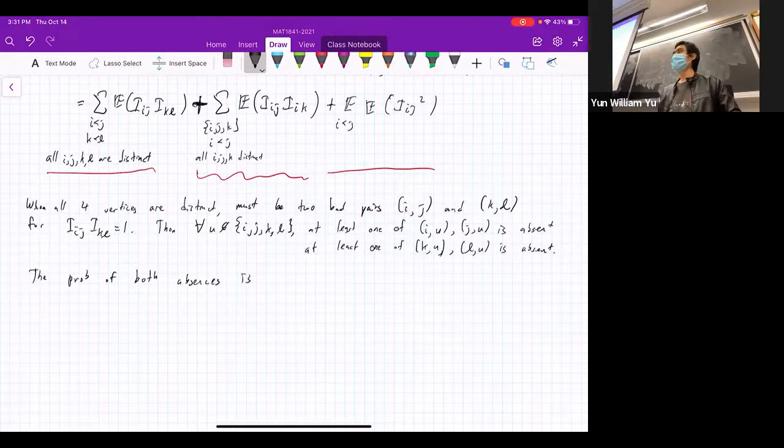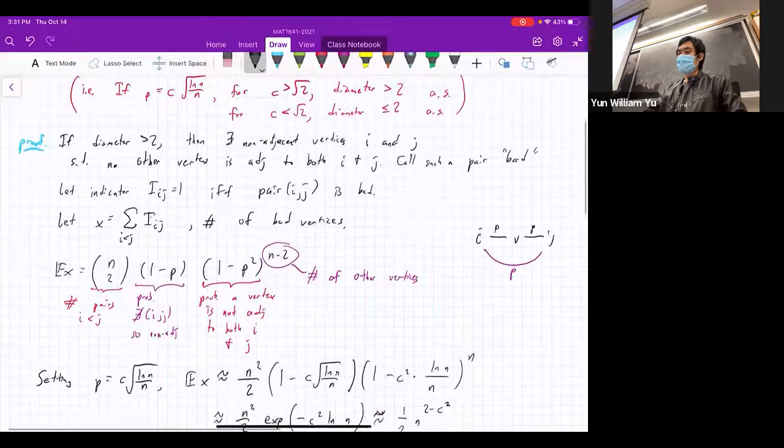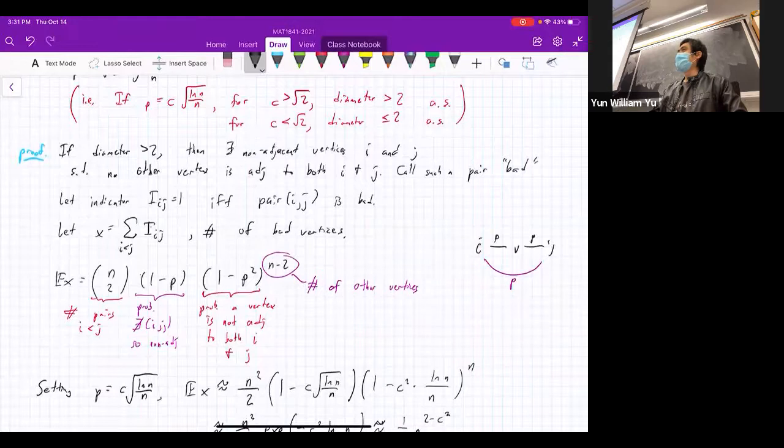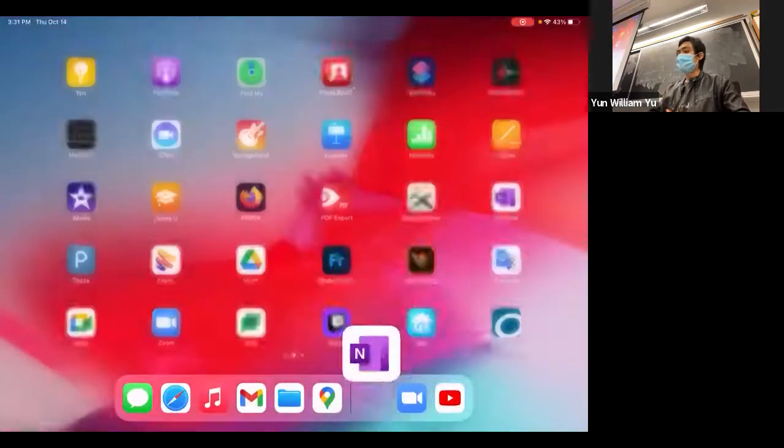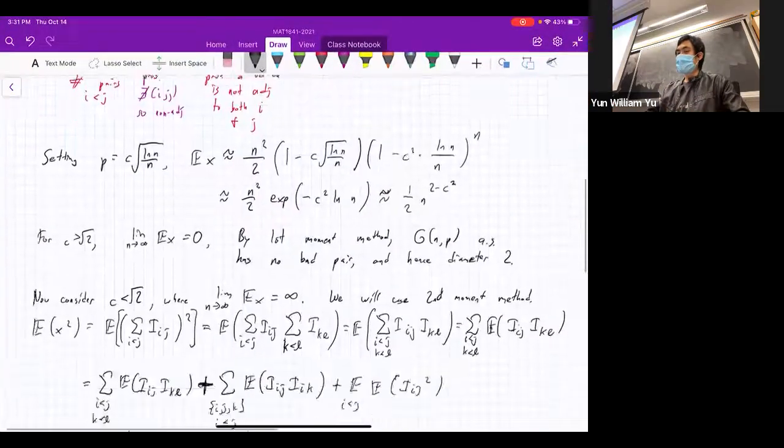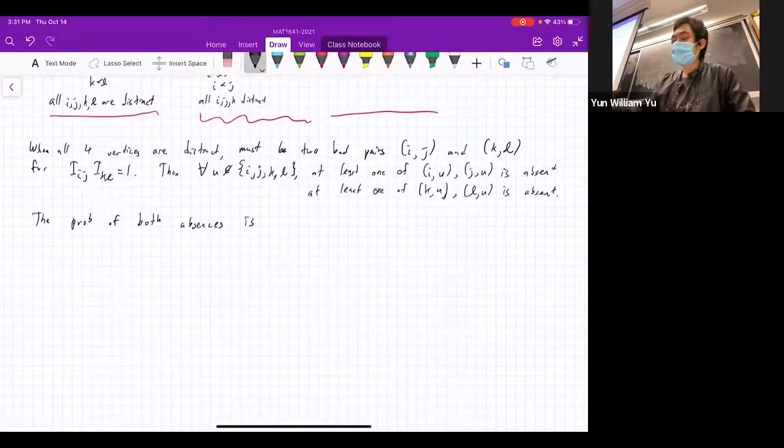Anyone? So remember, we computed the probability of an absence, right? So just 1 minus p squared. And so for a particular u, the probability of both absences is (1 minus p squared) squared. Because these are distinct, so we can just do that.